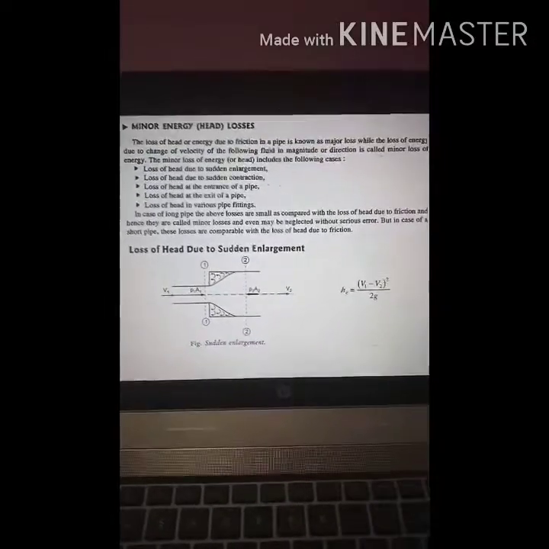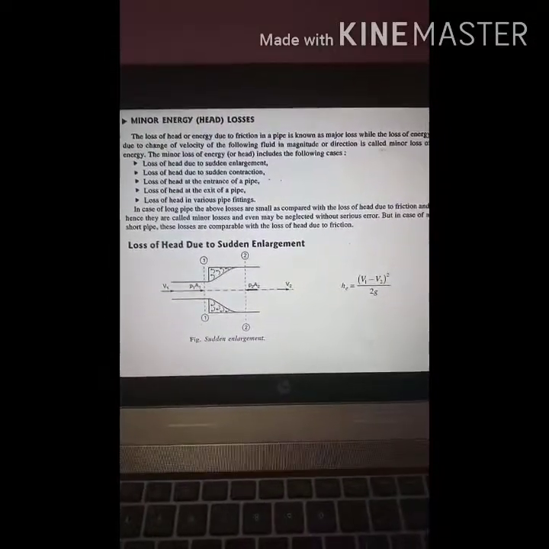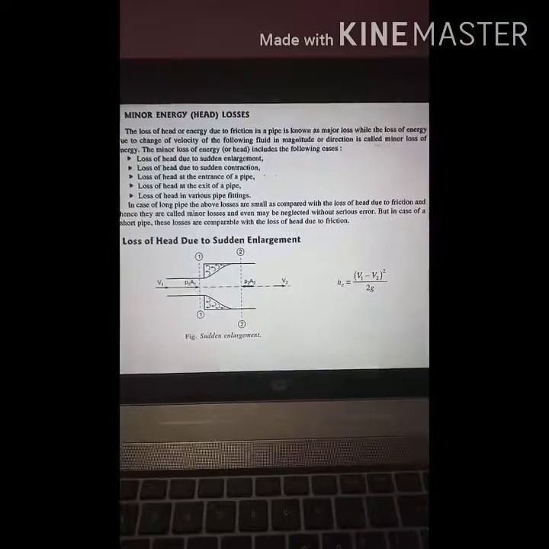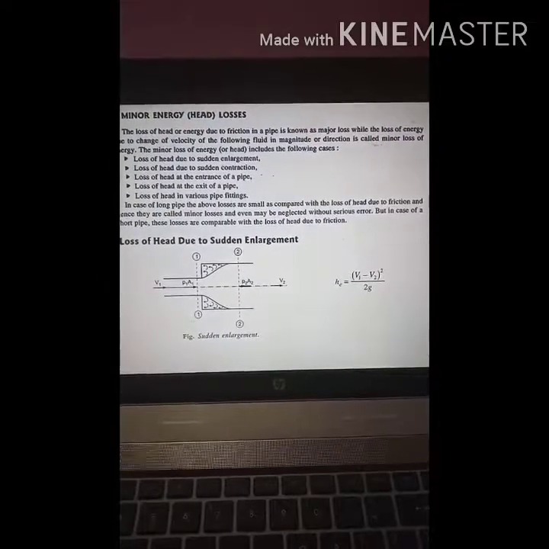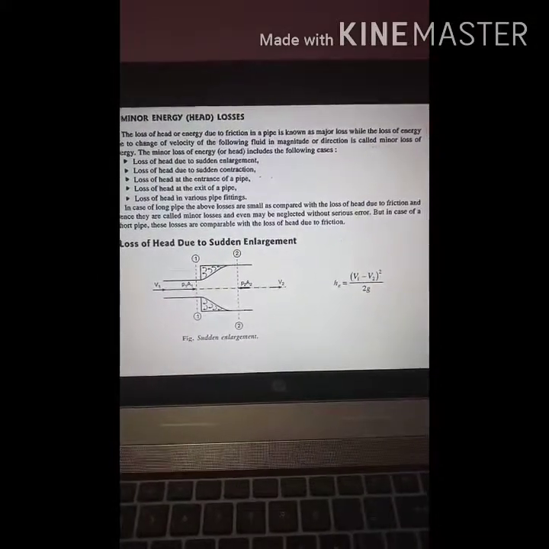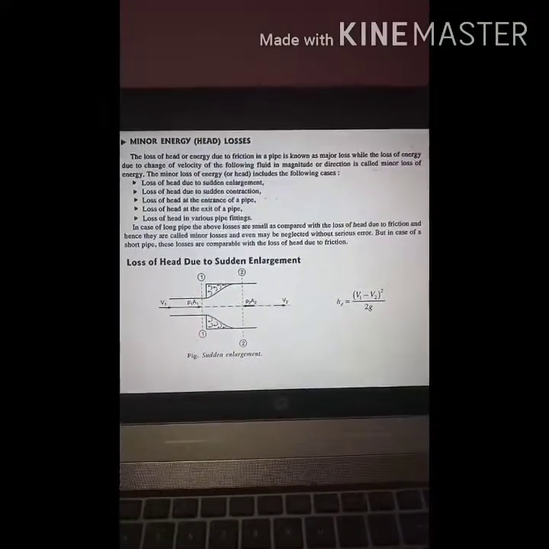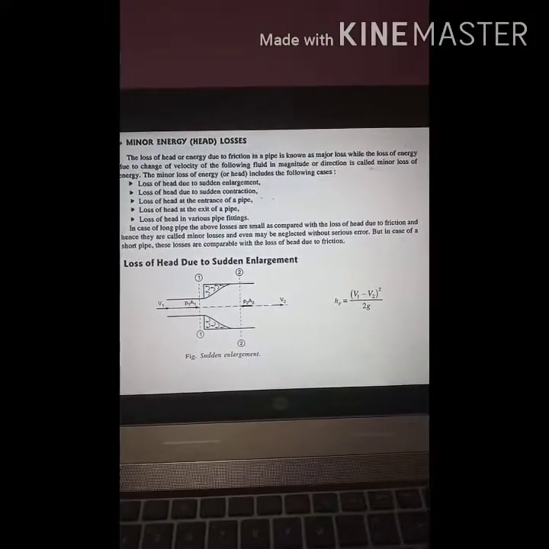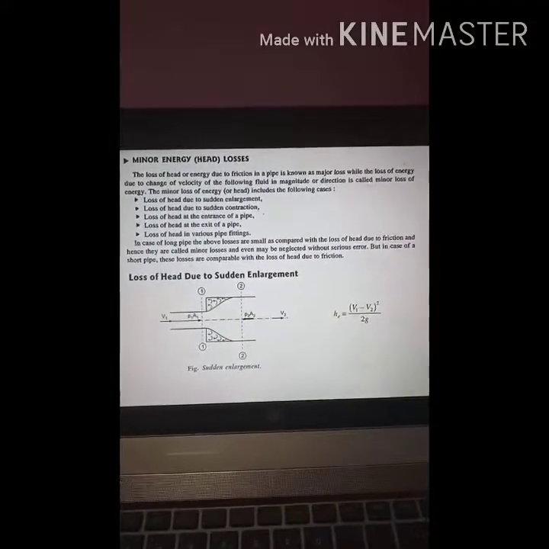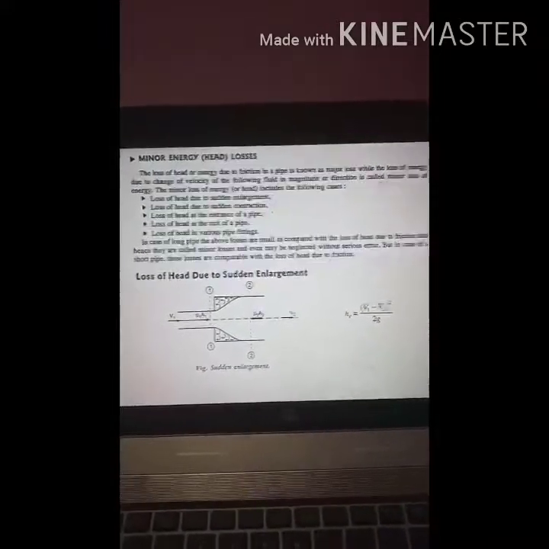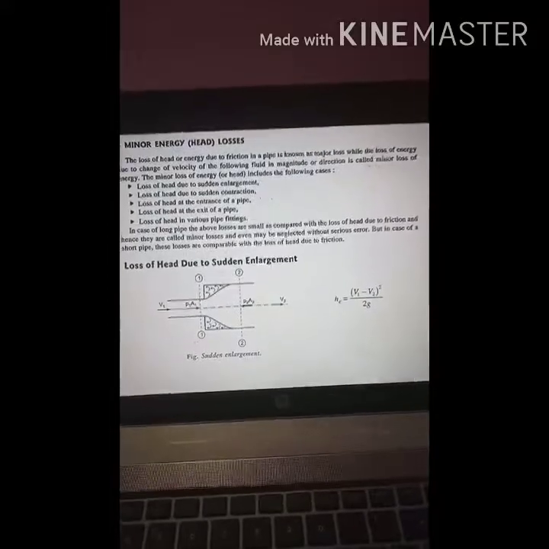So it depends. Now you remember in case of long pipes, the loss of head due to friction, or the major loss, is more, because the major loss formula, you know, HF is equal to 4FLV square upon 2GD. So higher the value of L, higher will be the value of HF.